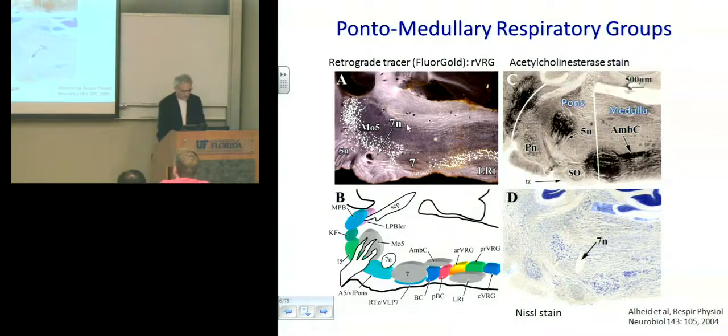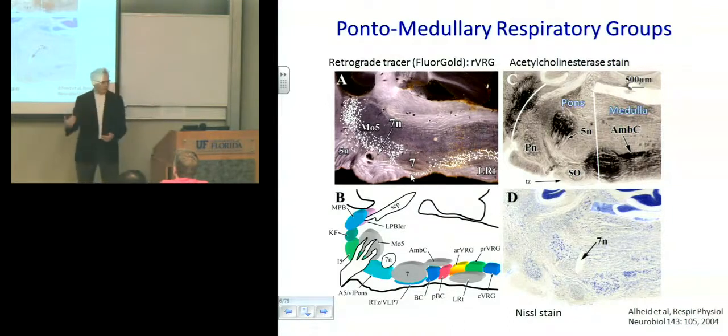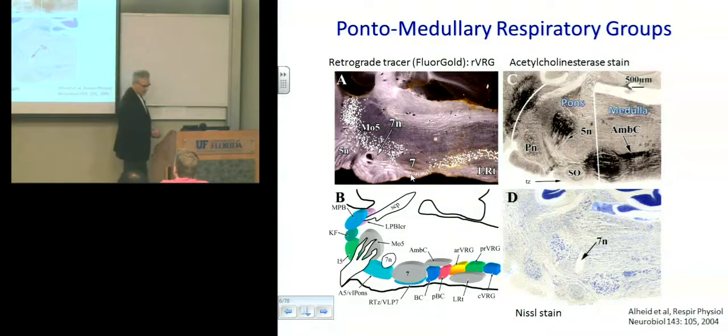It's interrupted a little bit by the facial nucleus, but if you look carefully here, you can see the retrotrapezoid nucleus, as it's referred to, which was talked about, I'm sure, in detail by Jack Feldman and Jean Nattie, and the parafacial respiratory group, which is that group that Jack ascribes expiratory rhythm generation to. And there's even a fair number of neurons just dorsal to that facial nucleus, but nobody's really identified their particular functional role.